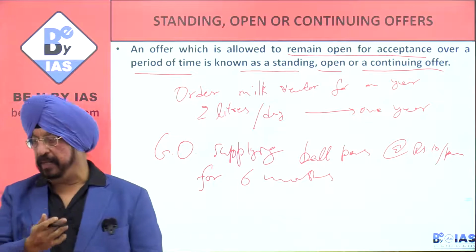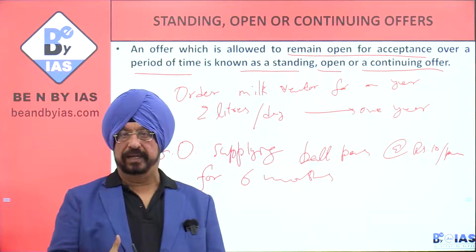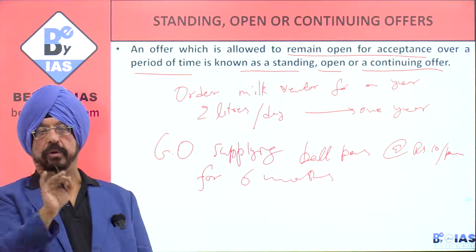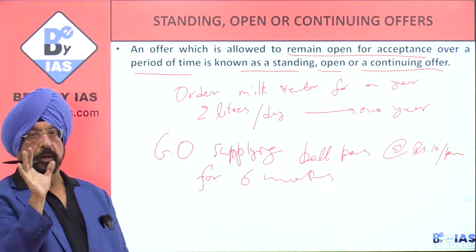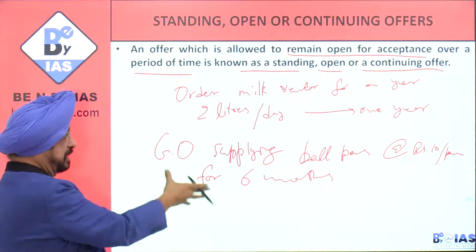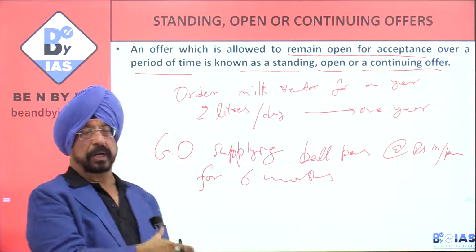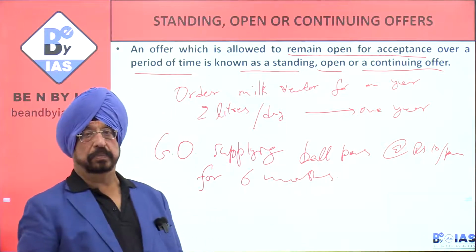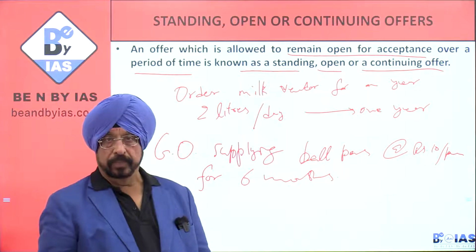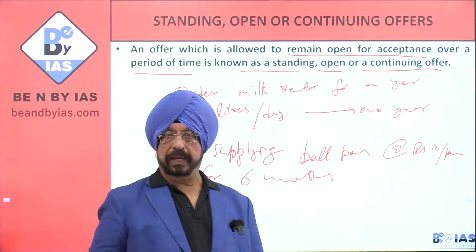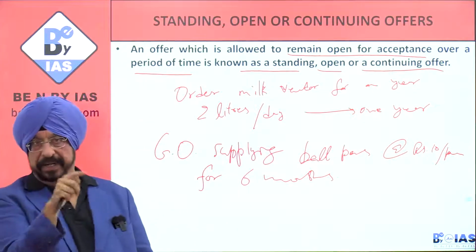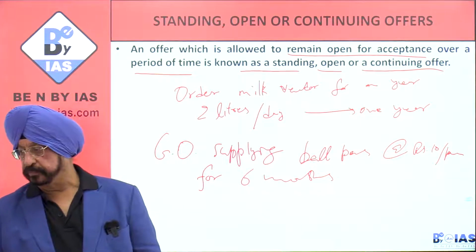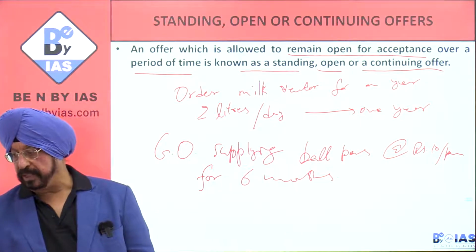Now, every time an order is placed and a supply is made, that will be a separate contract. Now, this order can be cancelled, can be withdrawn in between during that 6 months period, any time. You may say, yes, bhai, main ab aur nahi de, provided there is a penalty clause or no. But yes, that's what I am saying.